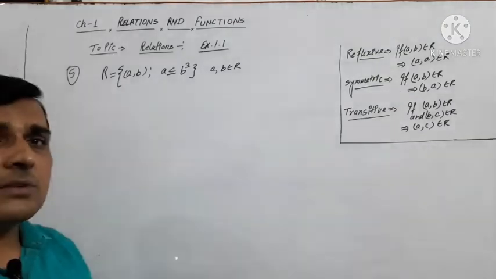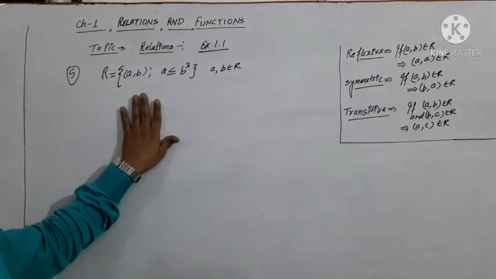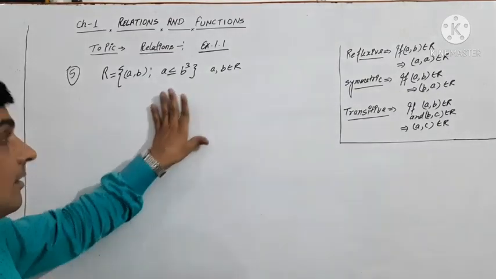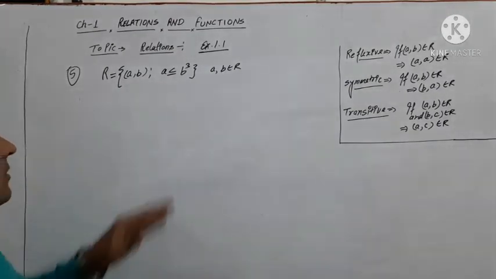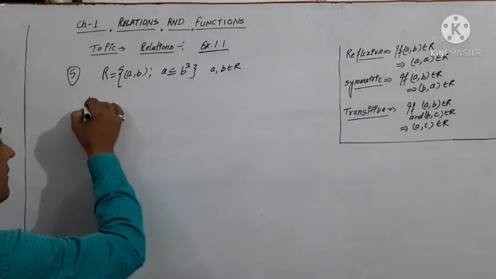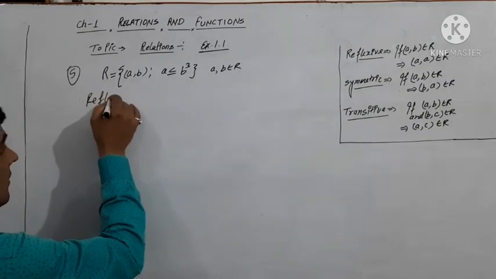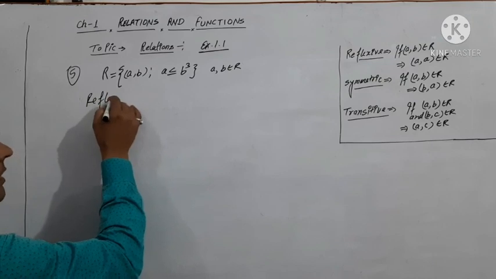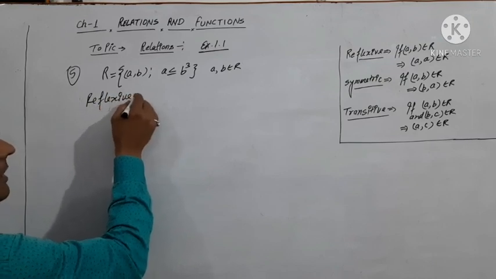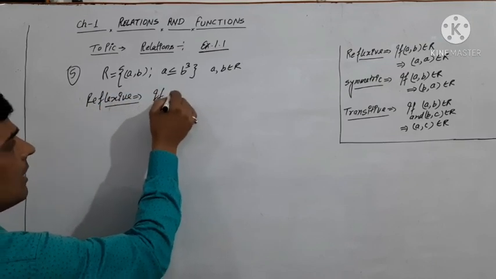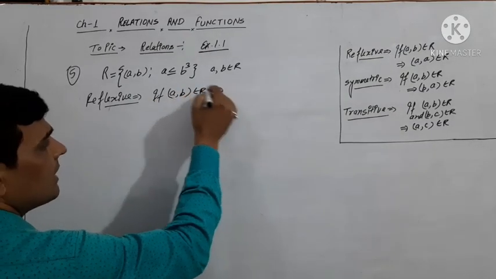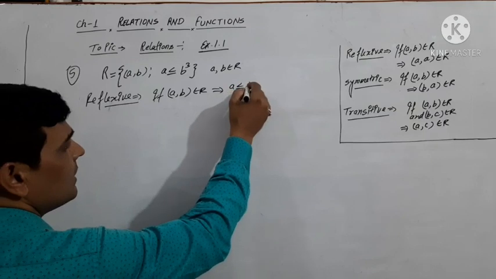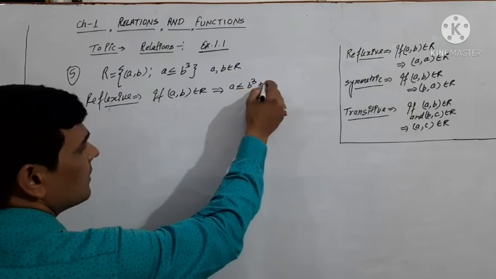This question is also the same as question number 2, which we did in part 1. Clear? So for reflexive, what will be the condition? If a comma b belongs to R, then what is the condition? a less than or equal to b cube. This will be true.